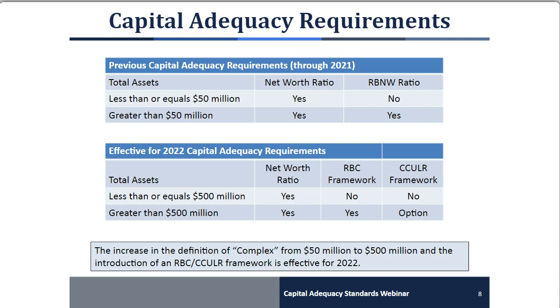The new RBC or CULR approach just adds a second measure to evaluate elements that the net worth ratio doesn't capture. The final PCA category will be the lower of the two measures, whether you're using net worth and RBC or a standalone CULR, which I'll refer to in the next slide.